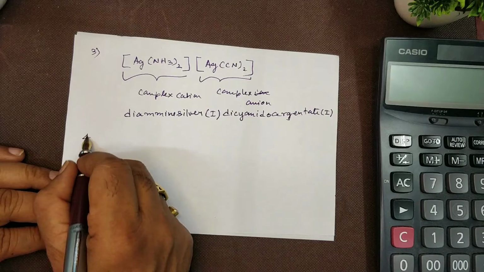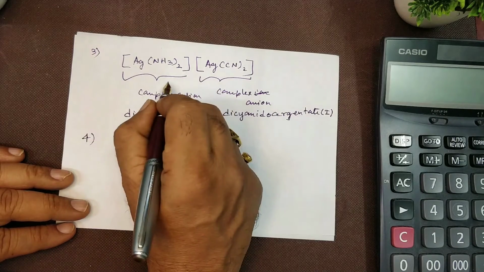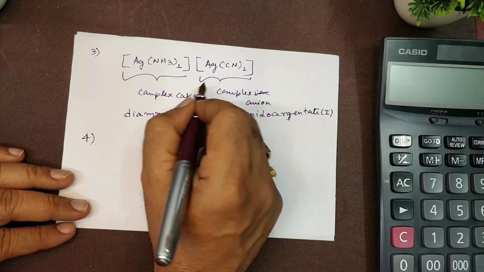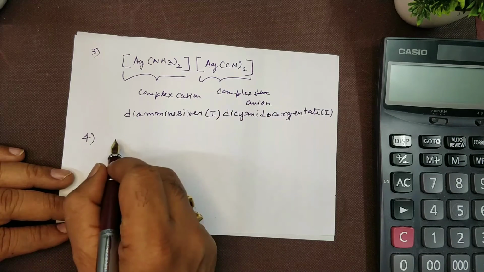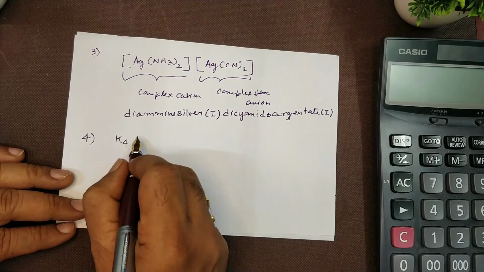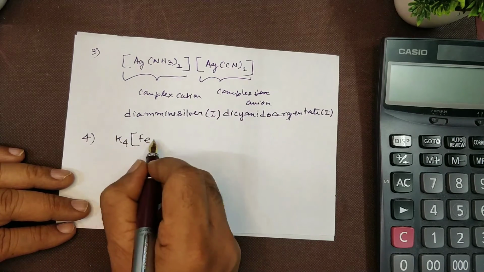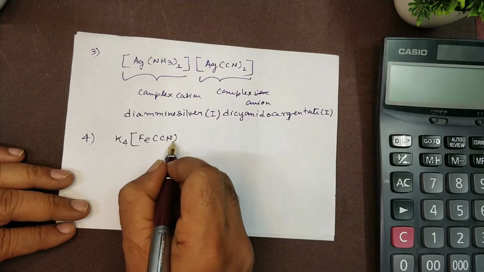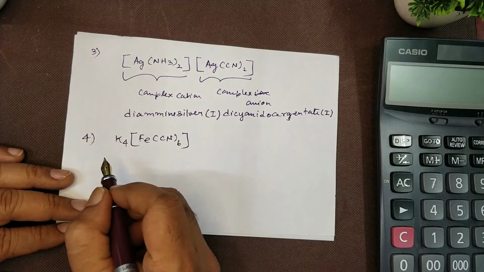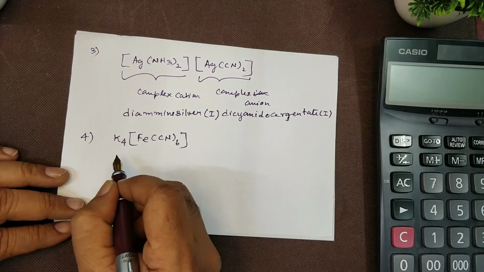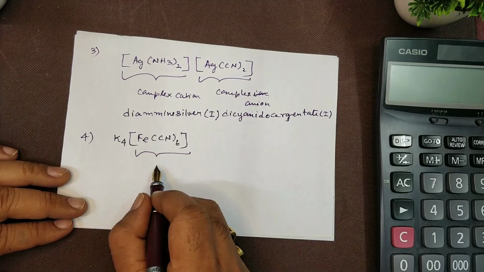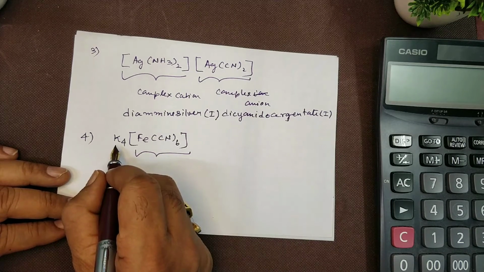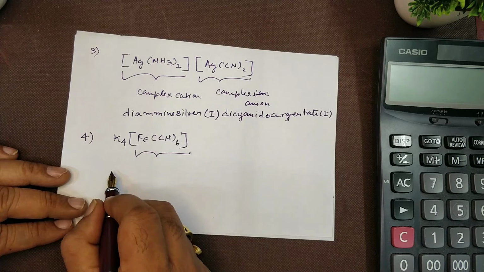Next one. So here both cation and anion are complex in nature. K4 Fe(CN)6. So here the complex ion is the anion. So it should be started with the cation, potassium.